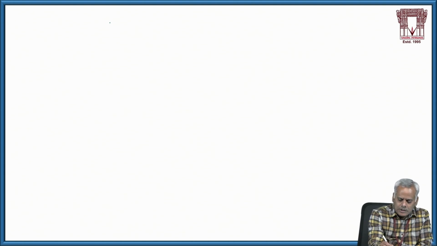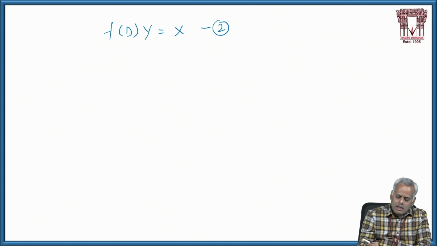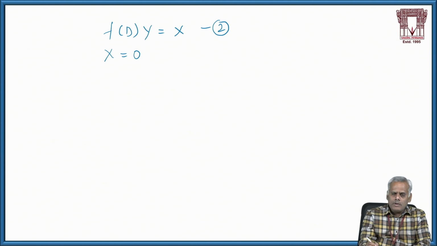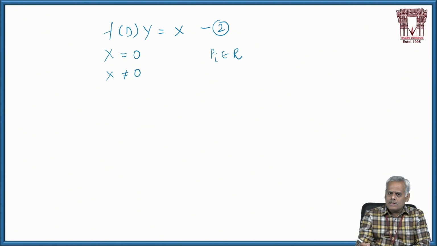We have a differential equation of the form f of D of y is equal to X, where f of D is a polynomial of degree n in D. If the right hand side function capital X is equal to 0, then this equation is called a homogeneous linear differential equation of nth order with constant coefficients, because we assume that each Pi belongs to R. And if X is not equal to 0, then it is called a non-homogeneous linear differential equation of nth order with constant coefficients.